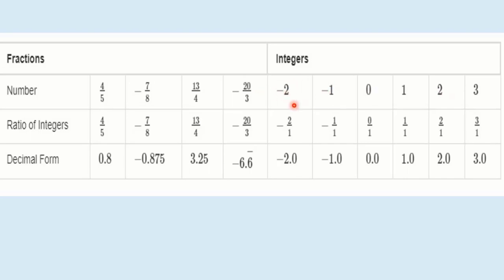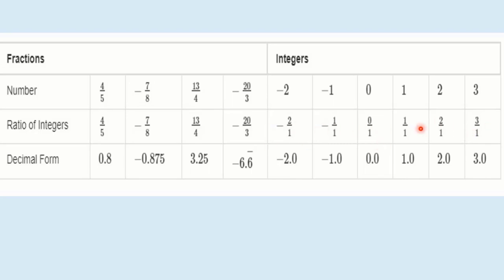Now integers can also be written like this, meaning it is always considered that whenever there is a number, in the denominator there is always 1. This is the integer and this is the ratio of integers, and it is considered as if there is no sign, but it is considered positive 1. Same here, the denominator is always considered as 1.